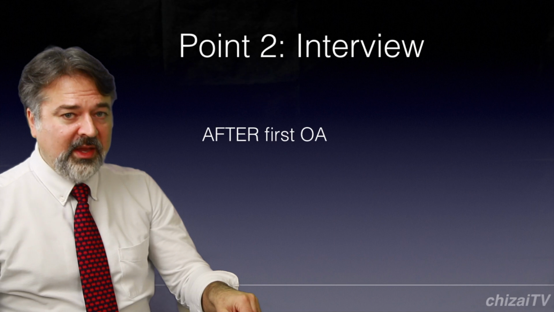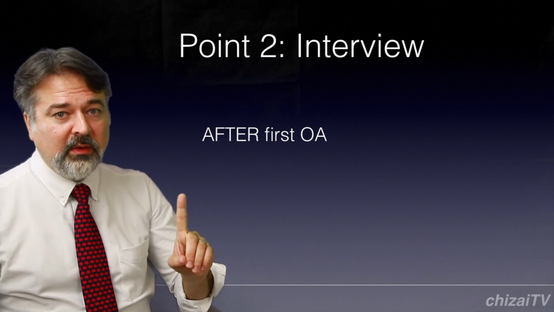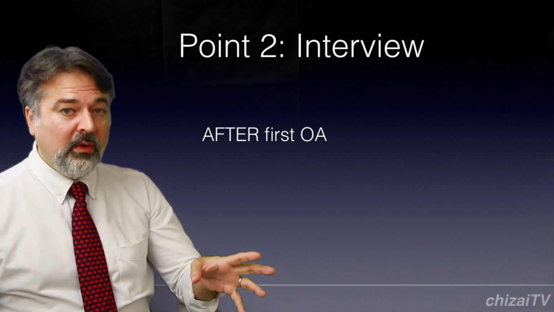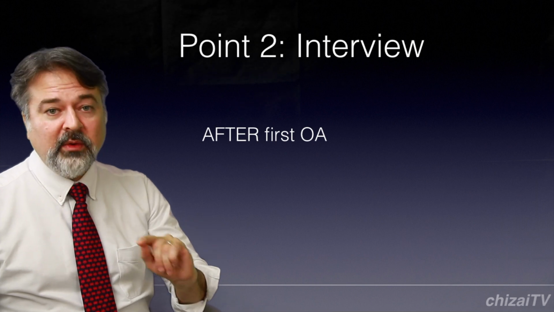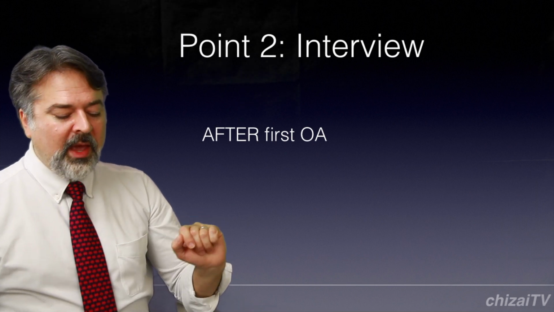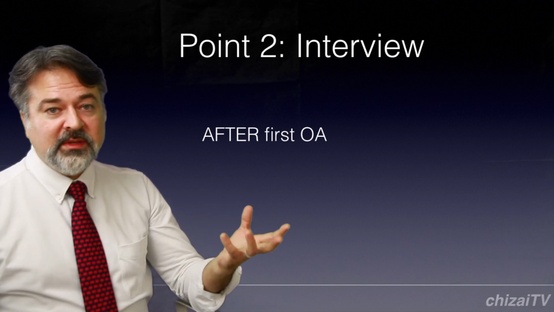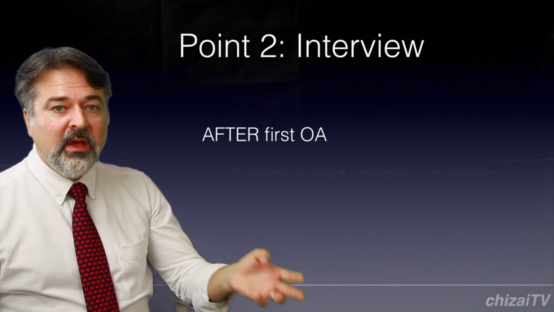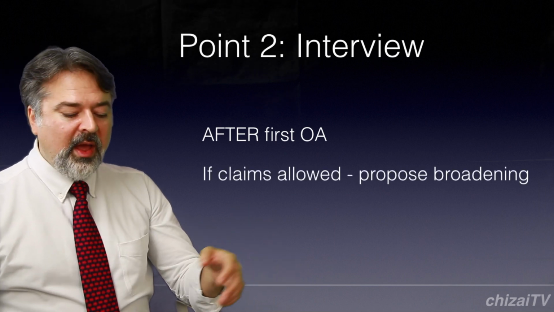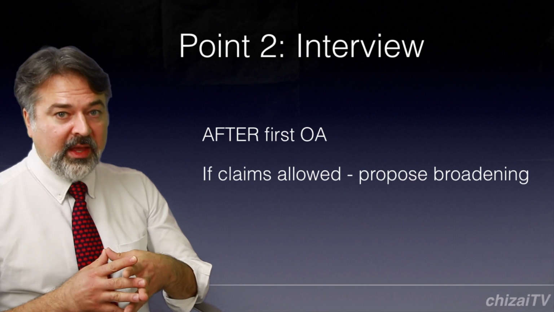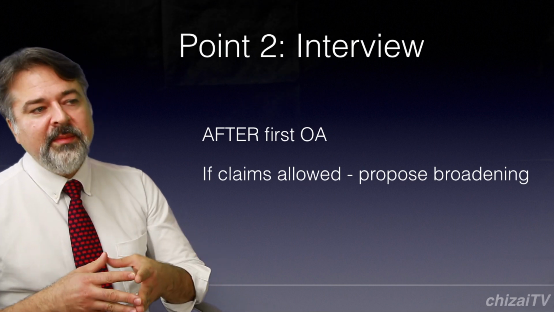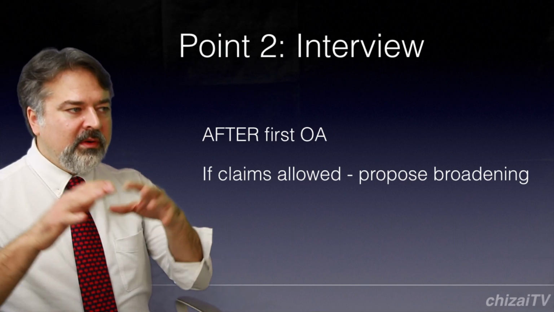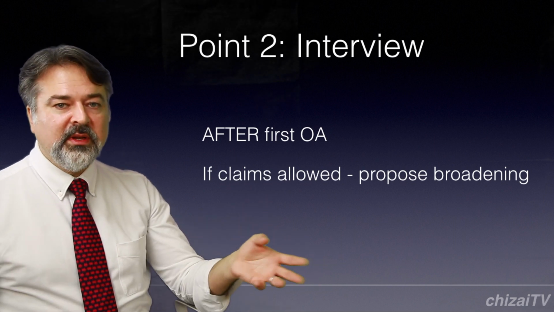Hopefully, at this stage, we have at least one allowed claim. That's the goal, to have something allowed right away. And then if we have some claims allowed, or even one claim allowed, we discuss with the examiner, and we propose to broaden that claim.